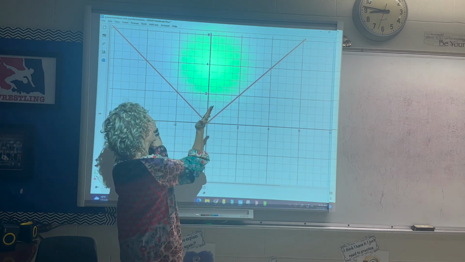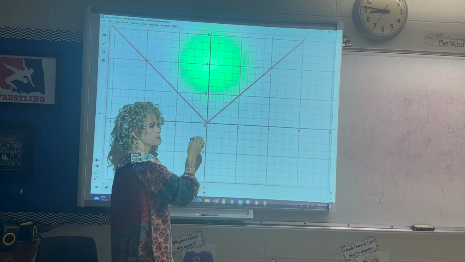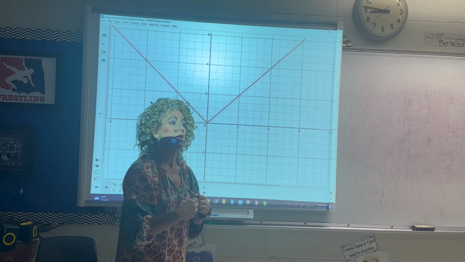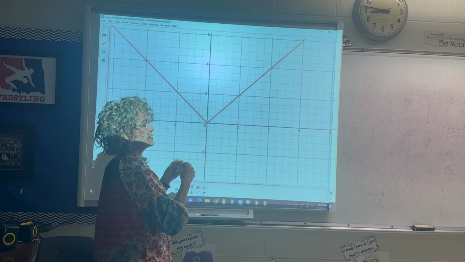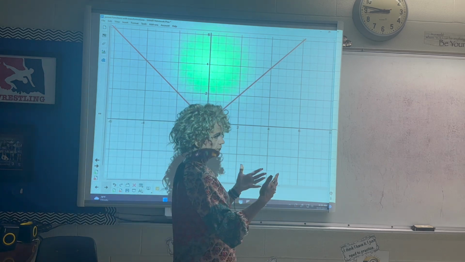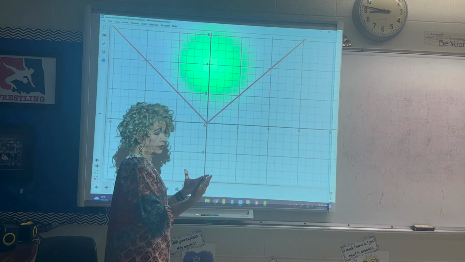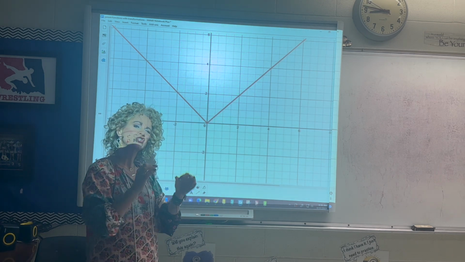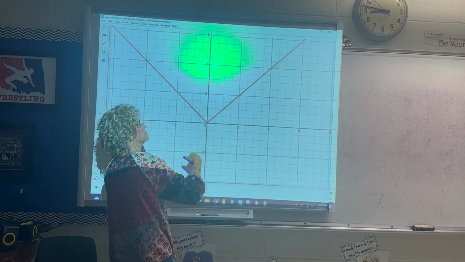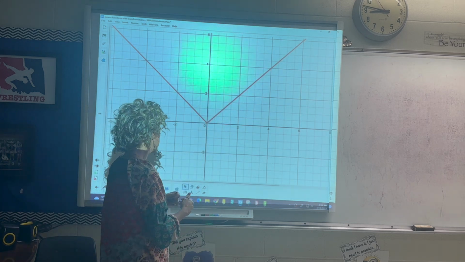These are not lines. This is an absolute value function. If we're going to talk about what happens to the function, we say the function shifted or moved whatever direction. We don't say the lines. You can also say the vertex changed from 0, 0 to whatever our new vertex is.